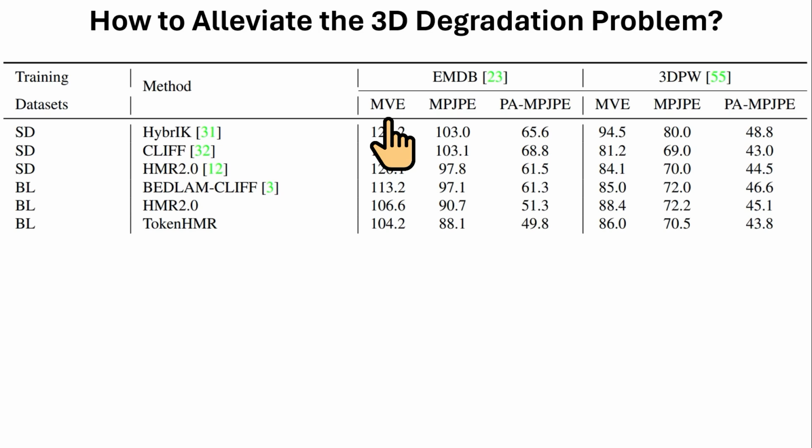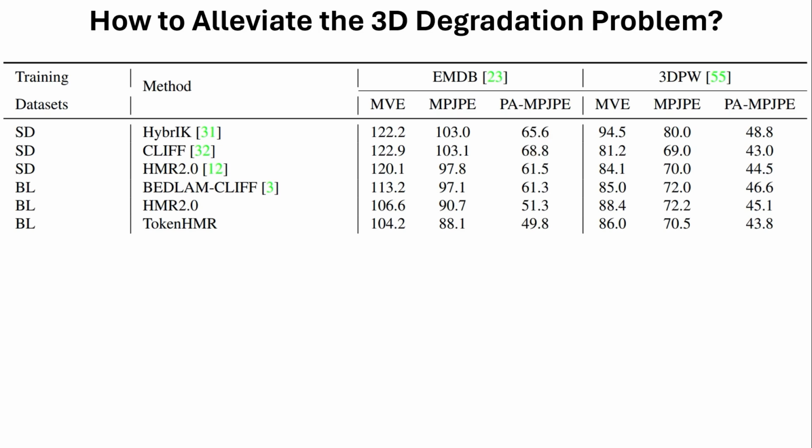The other one is mean per joint position error, where we extract the main joints like the shoulders, elbows, knees, ankles and so on, and we take the difference between that estimation and the ground truth. And the final one is the same as the mean per joint position error, but after applying Procrustes alignment, which aligns the estimation to be perfectly aligned with the ground truth, and then they take the distance, which should always be less than MPJPE alone.